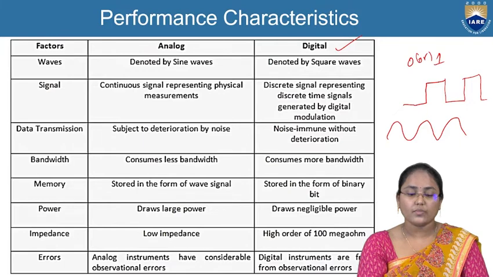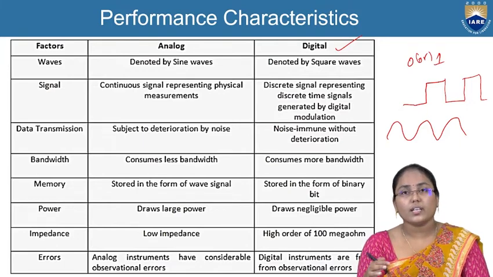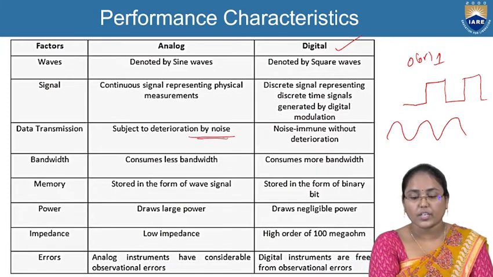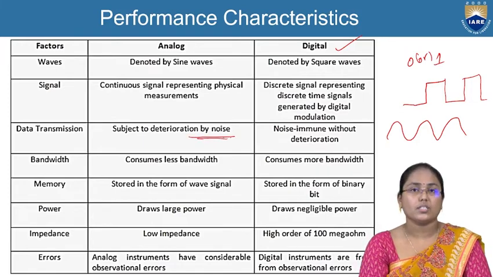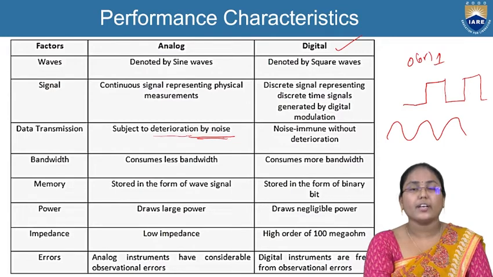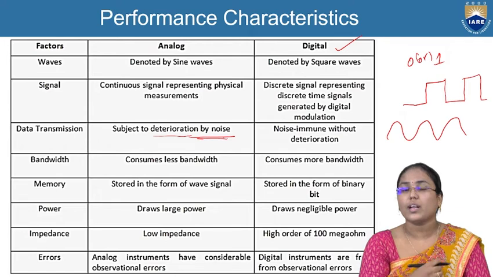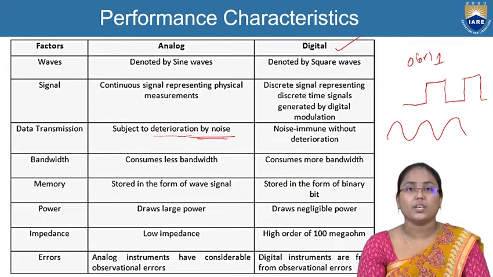Then when we consider data transmission in an analog signal, it can be subjected to deterioration by noise. The noise effect is very, very high in the analog signal, and it can be deteriorated by any noise which is there. Definitely during the data transmission process, many types of noises can enter the particular signal.